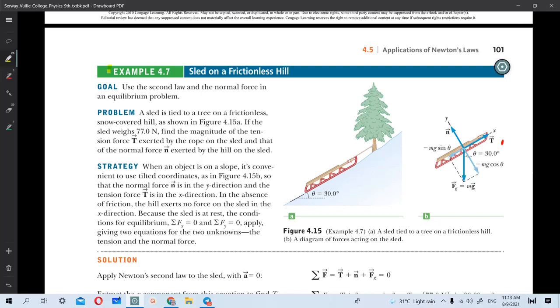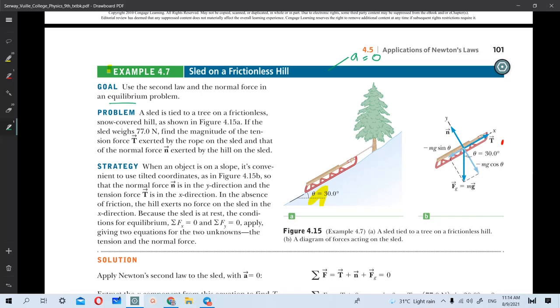Now, in this example, the thing that you need to note is that acceleration would be 0. Why? Because the system is in equilibrium. So the case is there is this sled tied to a tree on a frictionless, snow-covered hill.